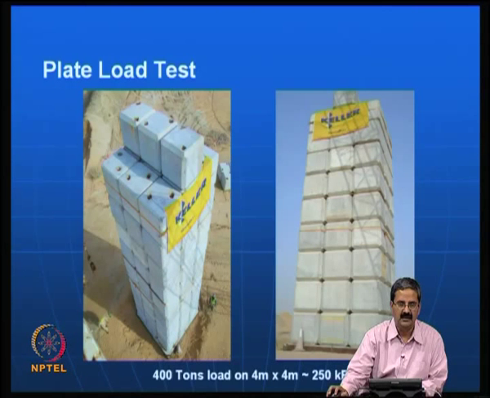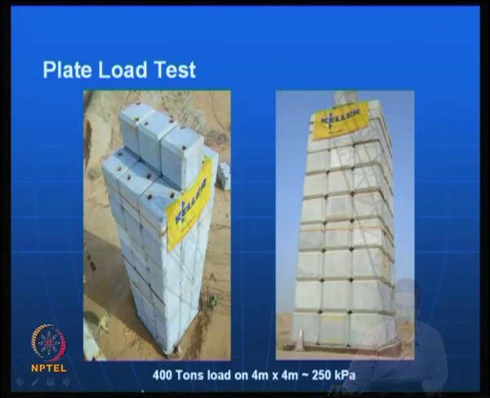The IS code specifies a Kentledge arrangement which is rather cumbersome, whereas these people have done a simple case, say 400 tons on 4x4, 250 kPa. So, you have a platform of 4x4 and then load 400 tons. So, this is how they do it.